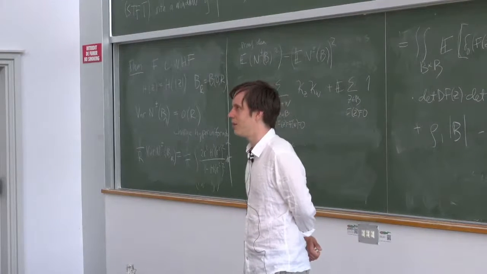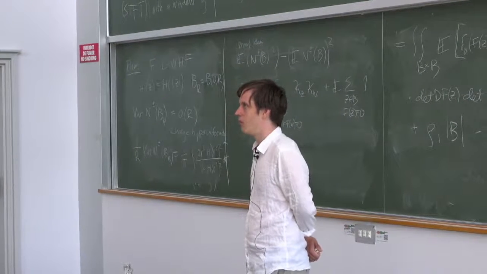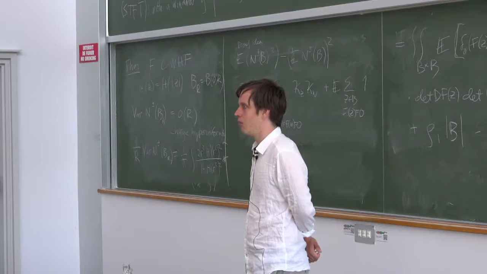What do you mean? I mean you count the number of n plus minus in the ball, right? And you know the number in the total. Well, the number is infinite. Yes, but somehow it's fixed.